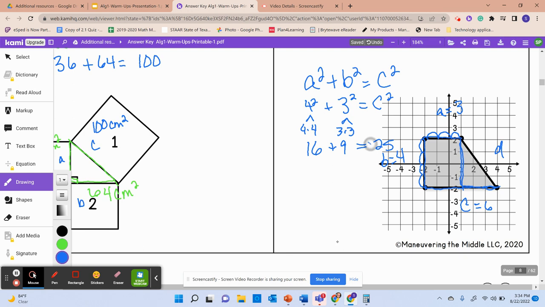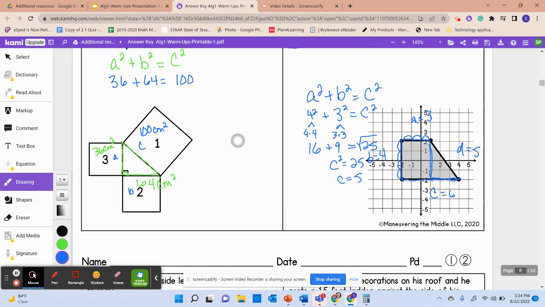So if you took the square root of 25, we know what C equals, because we know C squared is equal to 25. So C is equal to 5, because 5 times 5 is 25. So D is equal to 5.